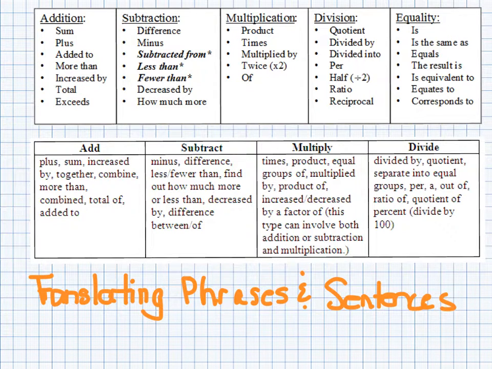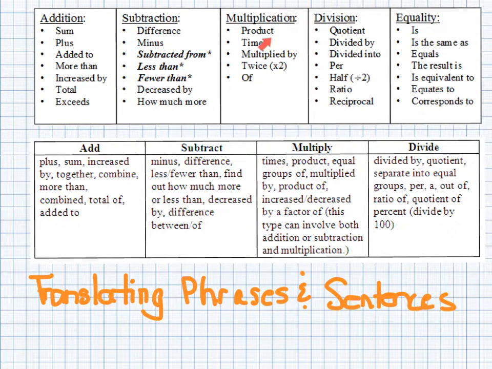And remember, in an algebraic phrase, you can have multiple things to do. So you have to figure out what you're adding to, what you're subtracting from, so you can write out the phrase. Subtraction, you might see the word difference, minus, subtracted from, less than, fewer than, decreased by, how much more. This means a number is going to be subtracted.